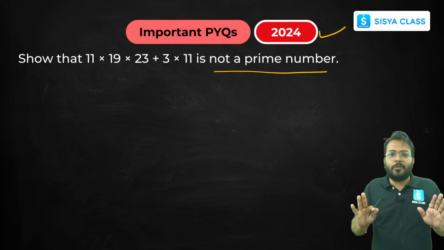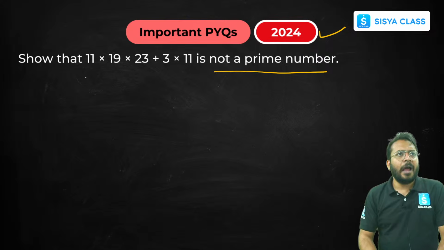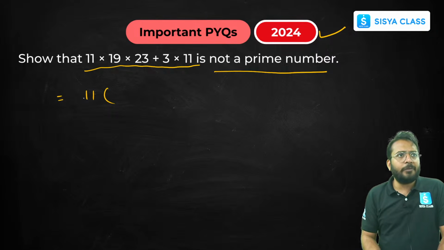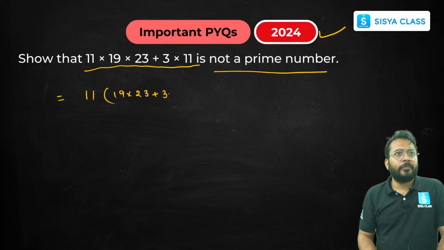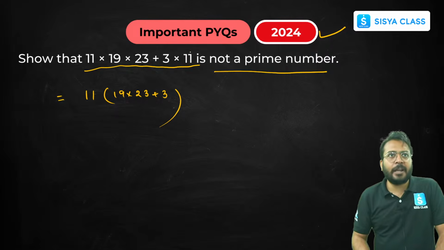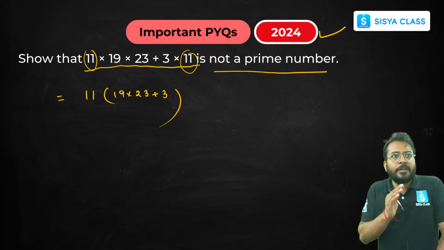This is the concept we are going to use here, right? In this number, if I take 11 common, I will be getting 19 into 23 plus 3. I am just taking 11 common, so that's why I will be getting 19 into 23 plus 3.